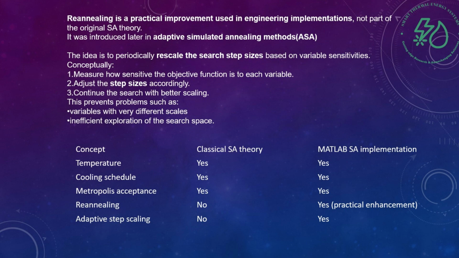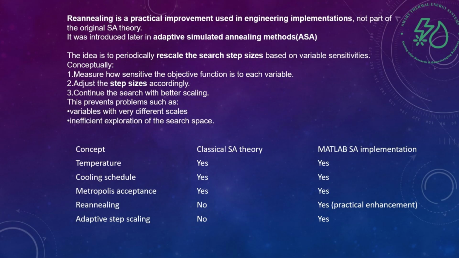The idea is to periodically rescale the search step sizes based on variable sensitivities. So, conceptually: 1. Measure how sensitive the objective function is to each variable. 2. Adjust the step sizes accordingly. 3. Continue the search with better scaling.